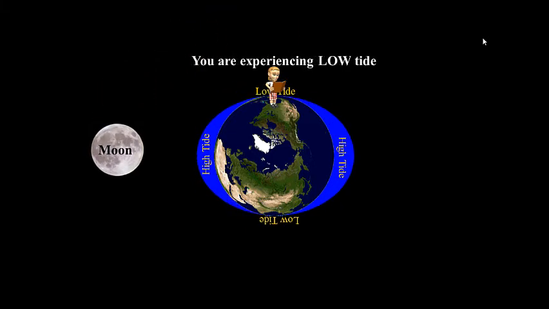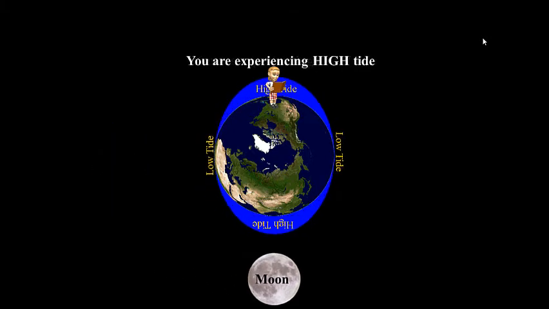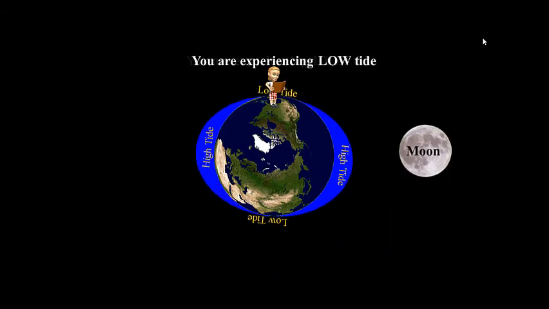A low tide. And let's say you can't put the book down, you're there for another 6 hours, and once again you would see another high tide. So that's essentially what creates our tides, the gravitational pull of the moon.